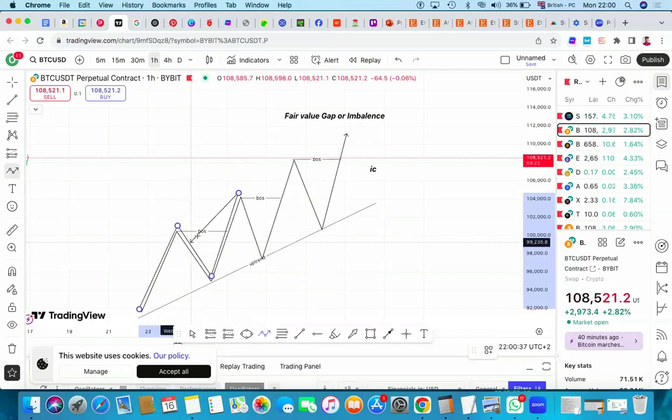For the market to do that, it came and created this high and then pulled back, creating a newer higher low, because this low here is higher than this low, right? Now creating a pullback leg and creating this new high. So this market has broken this high, creating this new high.